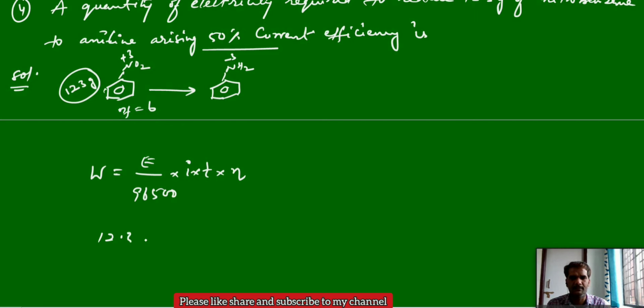That is 12.3 grams of nitrobenzene converted to aniline. And what is the equivalent weight? That is the molecular weight by N factor. You can take directly 123 by N factor 6 into 96,500. I into T, the Q value, the charge, we have to calculate. And efficiency 50%, 50 by 100, so 0.5.